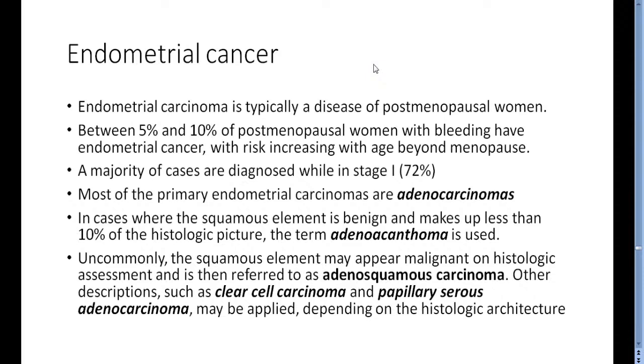Not all with postmenopausal bleeding have endometrial cancer, up to 10%. The majority of cases are diagnosed in stage 1 because many patients understand this symptom. Many patients know that postmenopausal bleeding may indicate endometrial cancer. The majority of endometrial cancers are adenocarcinomas.